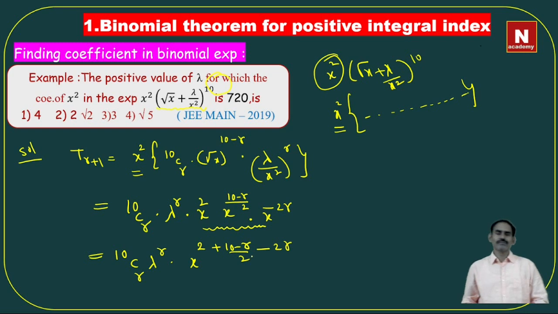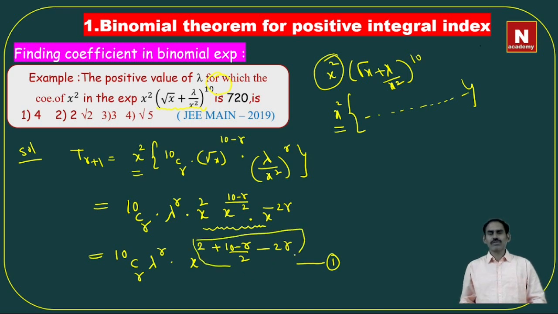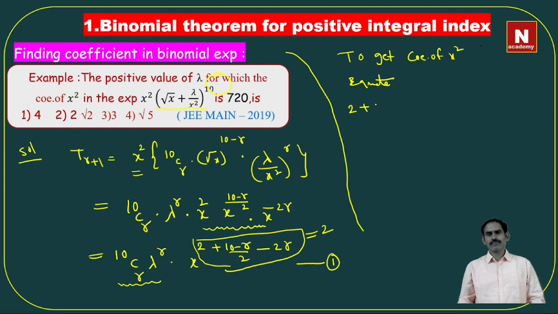Now take the LCM. Here they are asking for the coefficient of x square. This is equation 1. To get the coefficient of x square, this power total must be equal to 2. If the power total is 2, then this will be x square, and that means this value will be the coefficient of x square. That's why, to get the coefficient of x square, equate 2 plus (10 minus r) by 2 minus 2r equals 2.